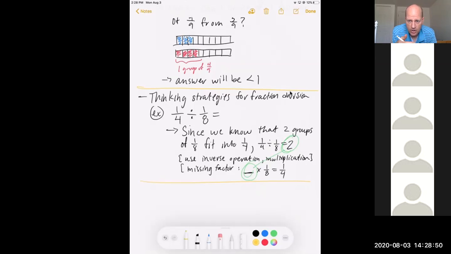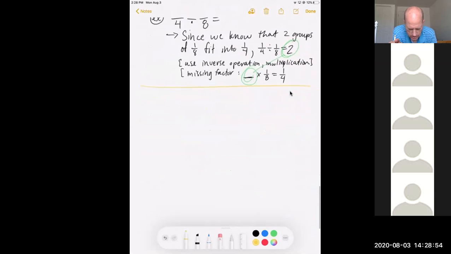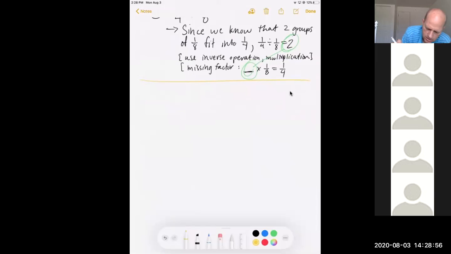Now, they also in the homework will have you do just calculations. Okay? So in order to help with the calculations of fraction division problems, you will probably want to simplify before you multiply.